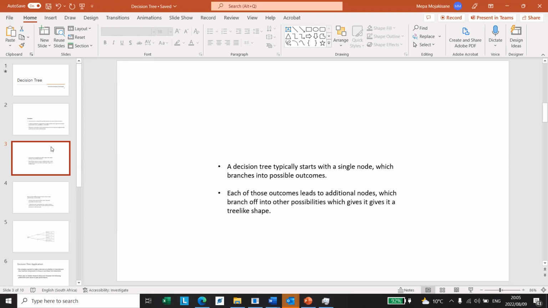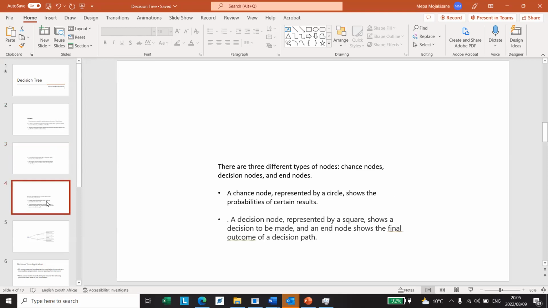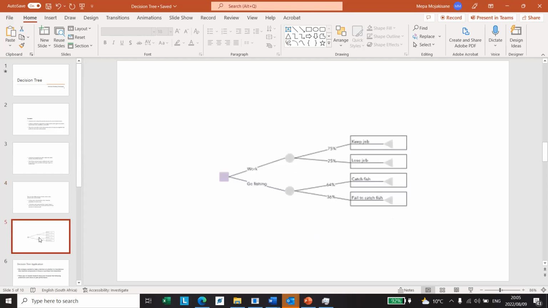Each of those outcomes leads to additional nodes, which branch off into other possibilities, which gives it a tree-like shape. So imagine something of this nature. In the morning, you decide that you either want to go to work or you want to go fishing. Those are the two possibilities that you have at that point in time.